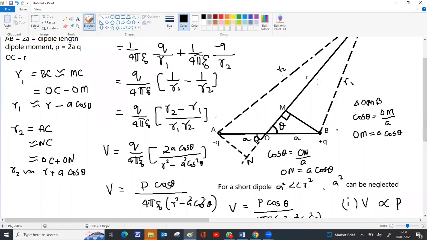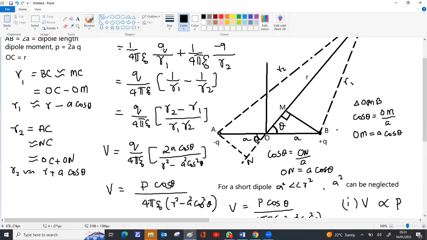Now, if you take the point along the equatorial line, theta will be 90 degrees. Cos 90 will be 0, so potential is 0 along the equatorial line. For the axial line, theta will be 0 on the right side near the positive charge, and 180 degrees on the back side. Cos 0 is 1. The negative side will be cos 180, which is minus 1.